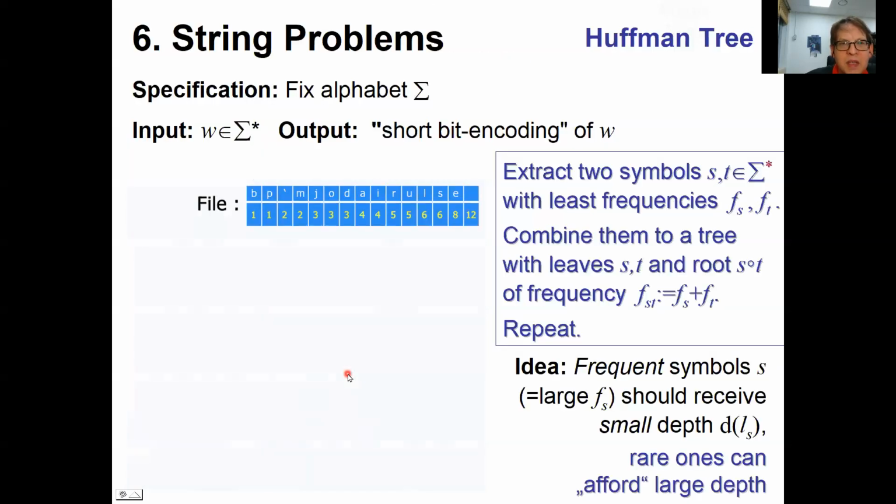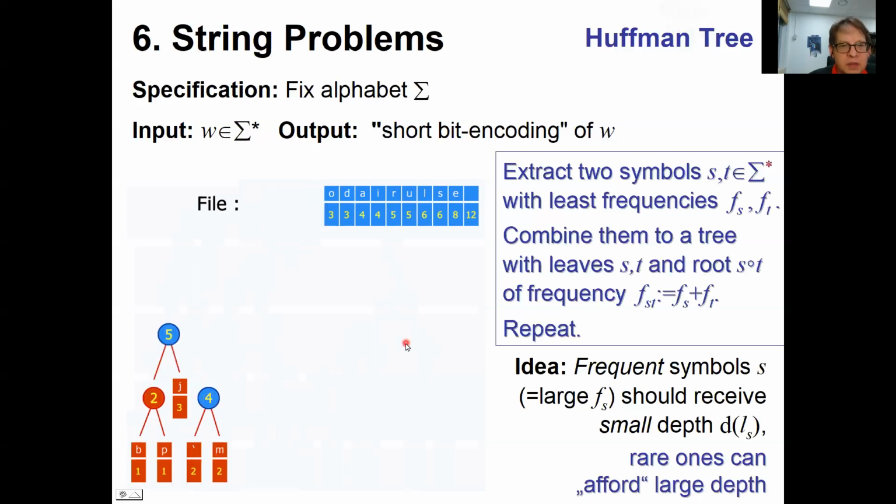Here you see the table with the frequencies. The first two with least frequency are extracted. Then the next two are extracted and combined. Then these are combined and so on. I leave it to you to follow the animation without my disturbing explanation.